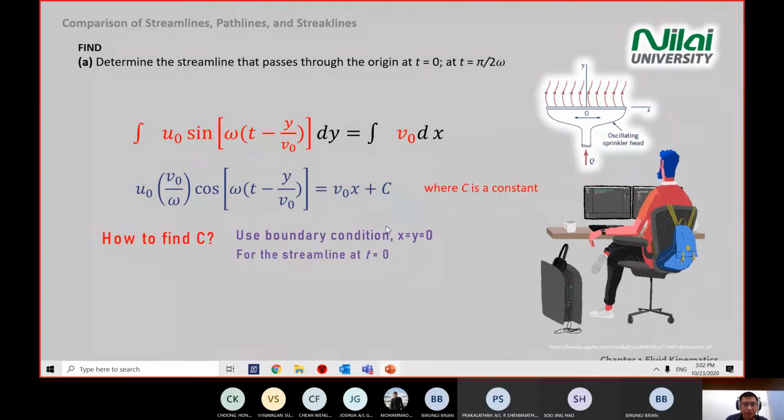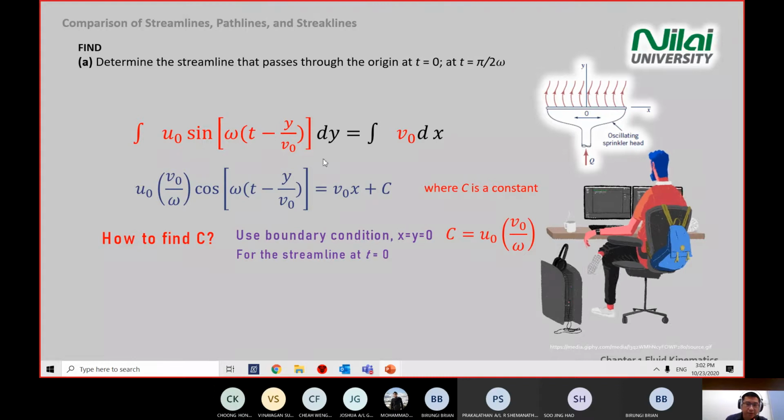So this is the boundary condition in the coordinate here: x equal to 0, y equal to 0, and at time equal to 0. So you apply this boundary condition inside this equation, then you find c, the constant value. After you substitute the constant value in there, move everything to one side, y to one side, x to one side.